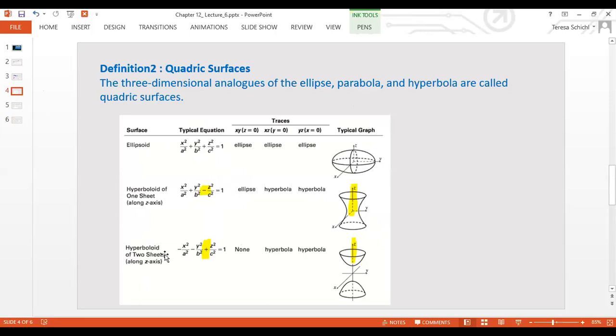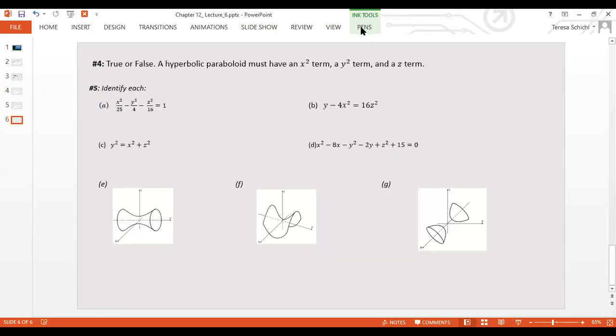So this graph will be the hyperbolic with two sheets, right? Hyperbolic with two sheets.